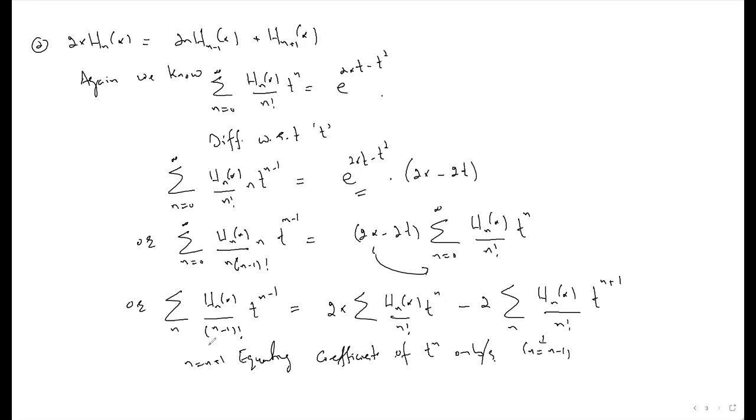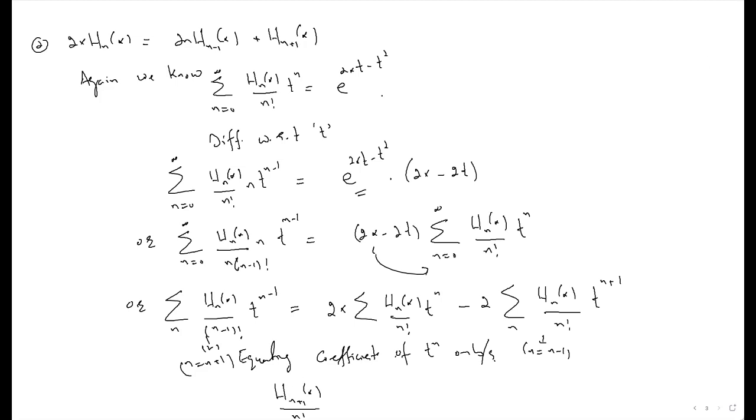You don't need to write this here, but I am just saying how we do it. So when you substitute n equal to n plus 1 here, it will become t raised to power n. Its coefficient will be h n plus 1 of x divided by n factorial, right?